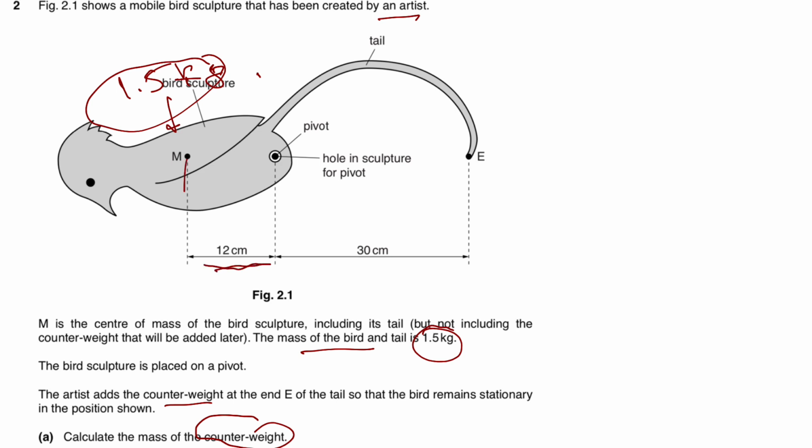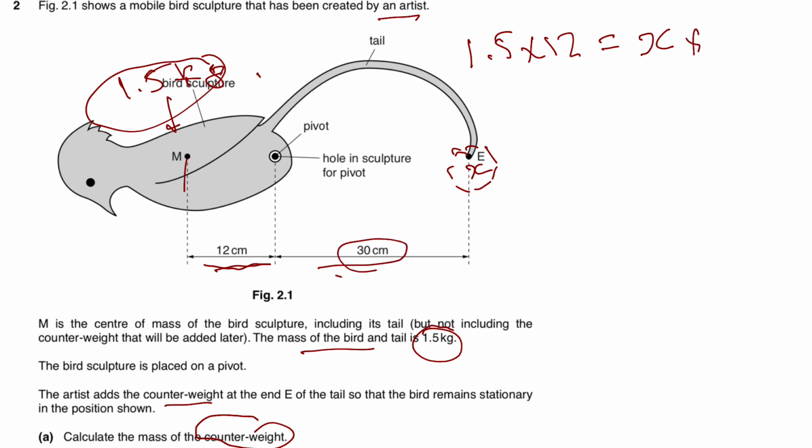So we can write 1.5 into 12 centimeter equals, now let's assume the counterweight is x, so x into the perpendicular distance, which is 30. Let's solve this. So x equals 1.5 into 12 upon 30, which comes to 0.6 kg.